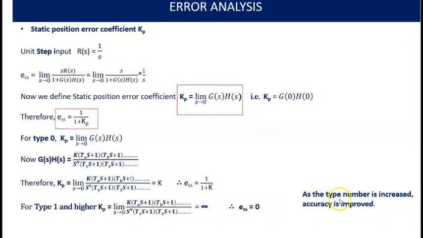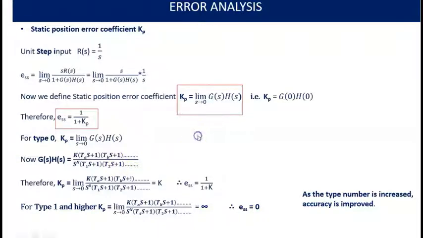That means as the type number is increased, accuracy is improved. So we proved that statement. As the type number is increased, accuracy is improved. For type 0, there is a finite amount of error. For type 1 and higher, there is no error.